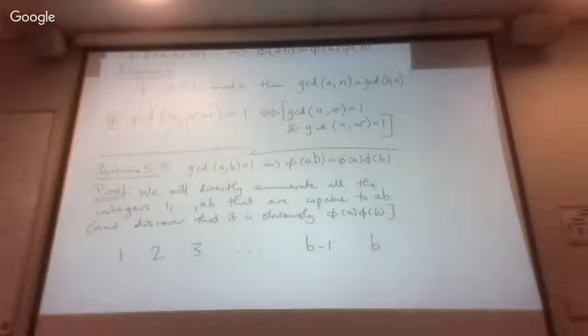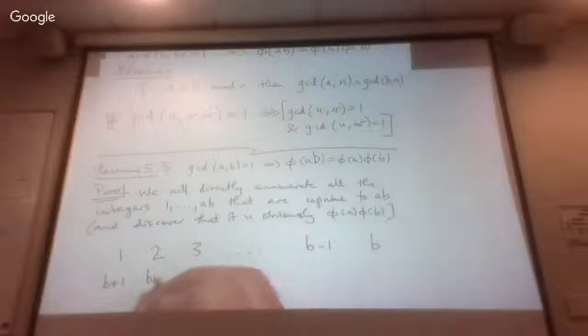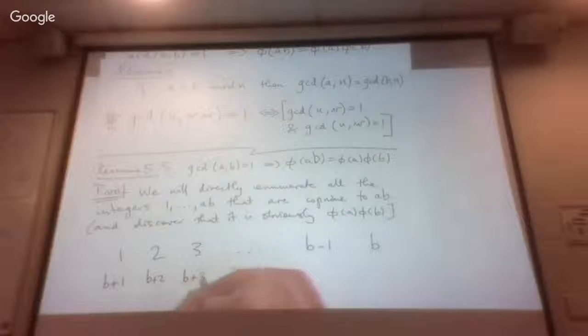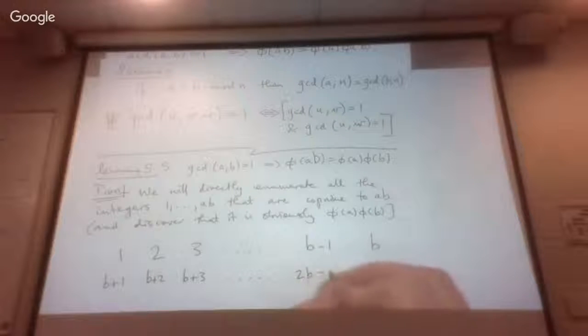We're going to lay out, just like before, when we laid out all the integers between 1 and p to the alpha and thought about counting through the list in a systematic way. Here we're going to lay out all the integers between 1 and a times b, but we're going to lay them out in rows of length b. And this is 2b minus 1, 2b.